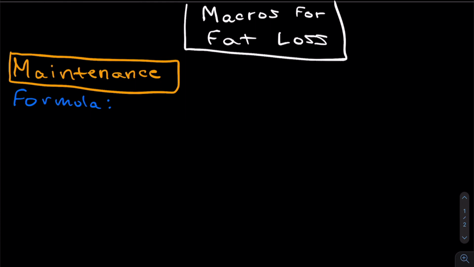So for maintenance calories, which is basically to maintain your current weight, for this example, let's use someone that is 180 pounds. And in order to ballpark the maintenance calories, it's somewhere around 14 to 16, anywhere in that range.